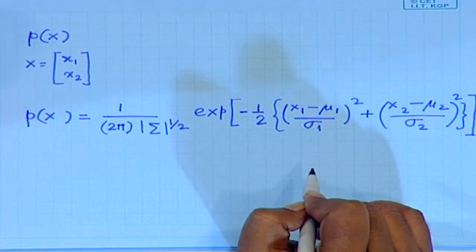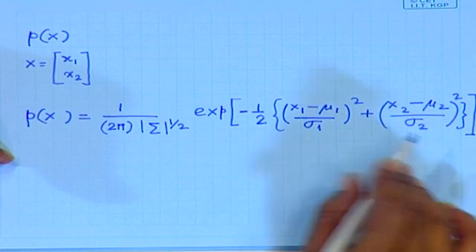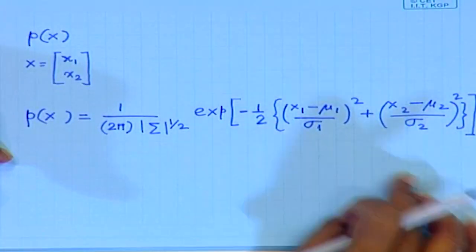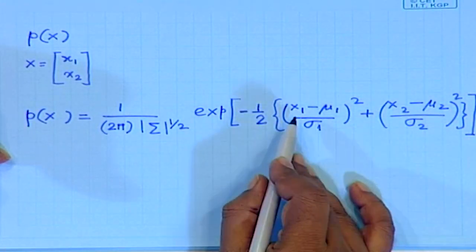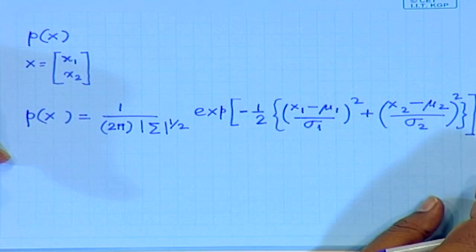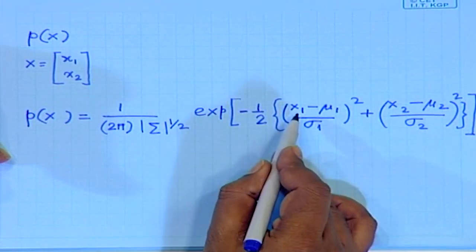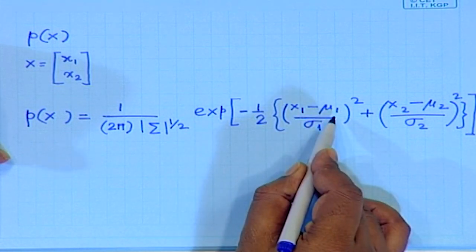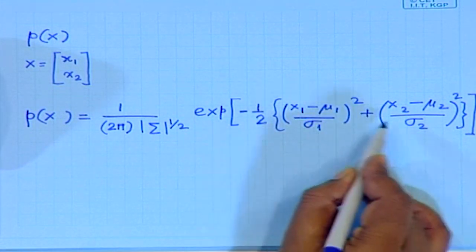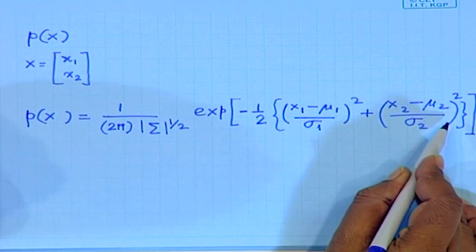So sigma12 or sigma21 will be equal to 0, because x1 and x2 are statistically independent. If they are not statistically independent, then in this exponential term, I will also have terms corresponding to sigma12 and sigma21. So for explanation, let me have a simplified assumption that x1 and x2 are statistically independent. However, the x1 component has a mean value of mu1 and the x2 component has a mean value of mu2.